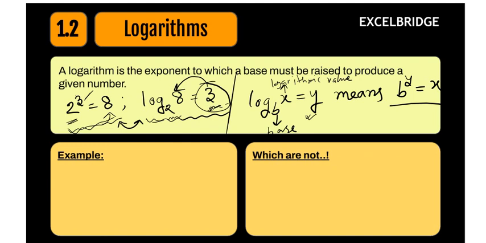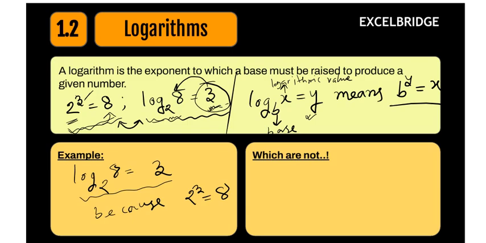For an example of a logarithm, we have taken one already, but no worry, it's the same. Why is this correct? Because 2 cubed equals 8. But some expressions are not logarithms.